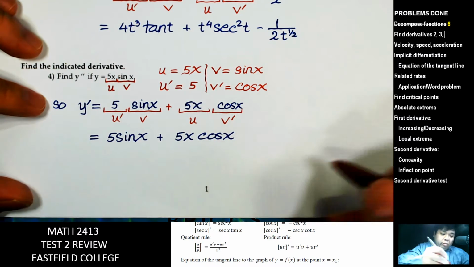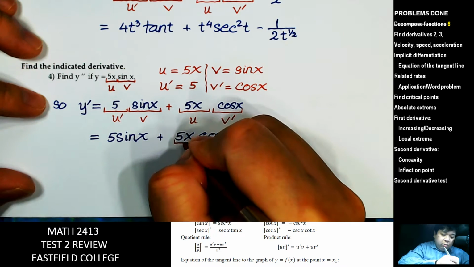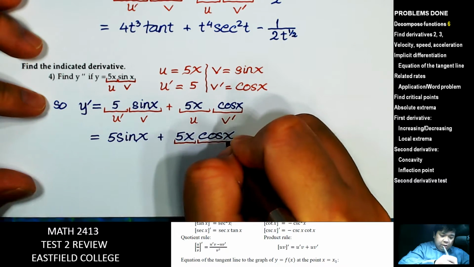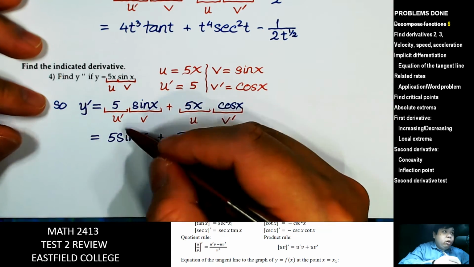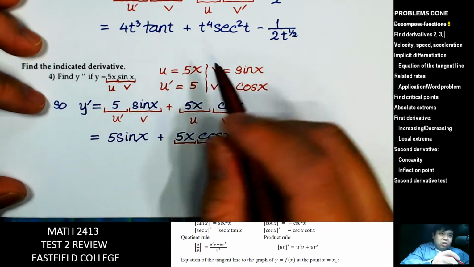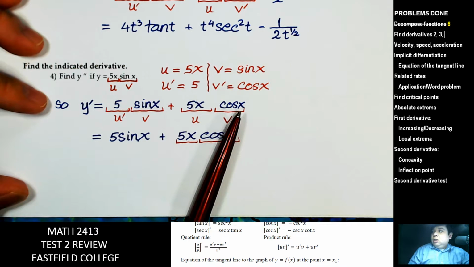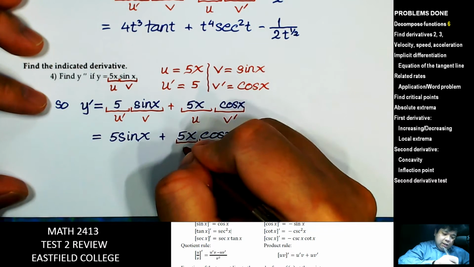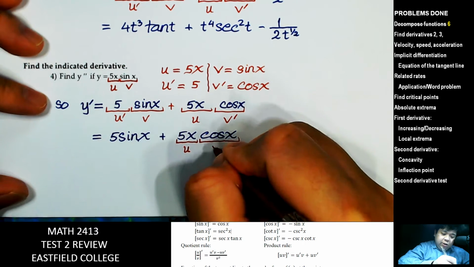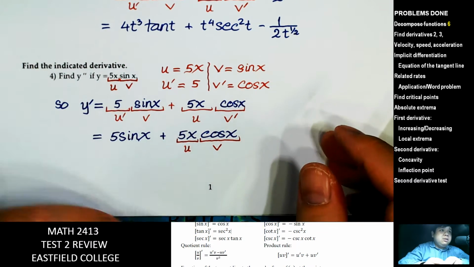To find the second derivative, we will take the derivative one more time. Derivative of sine x is easy. We don't need any rules other than just the trigonometry rule. So not a u, not a v.